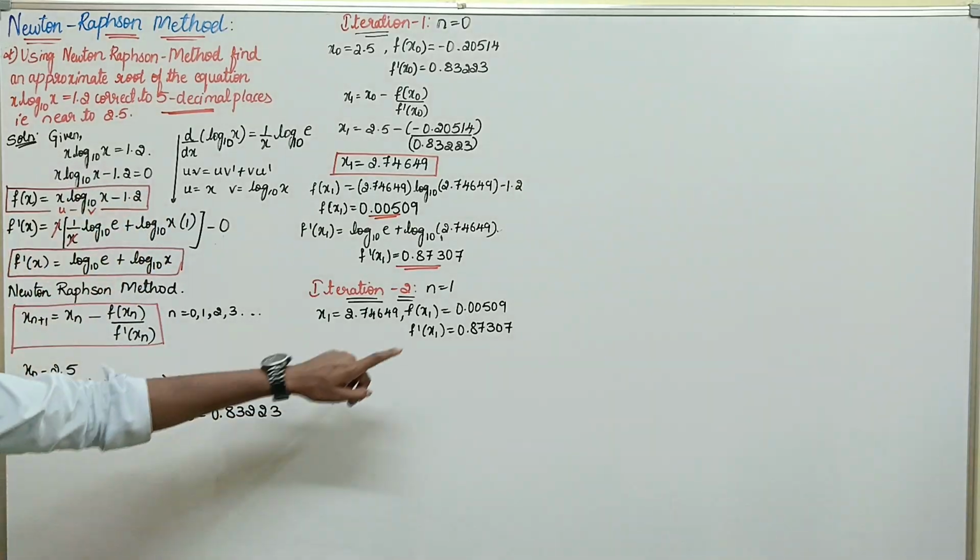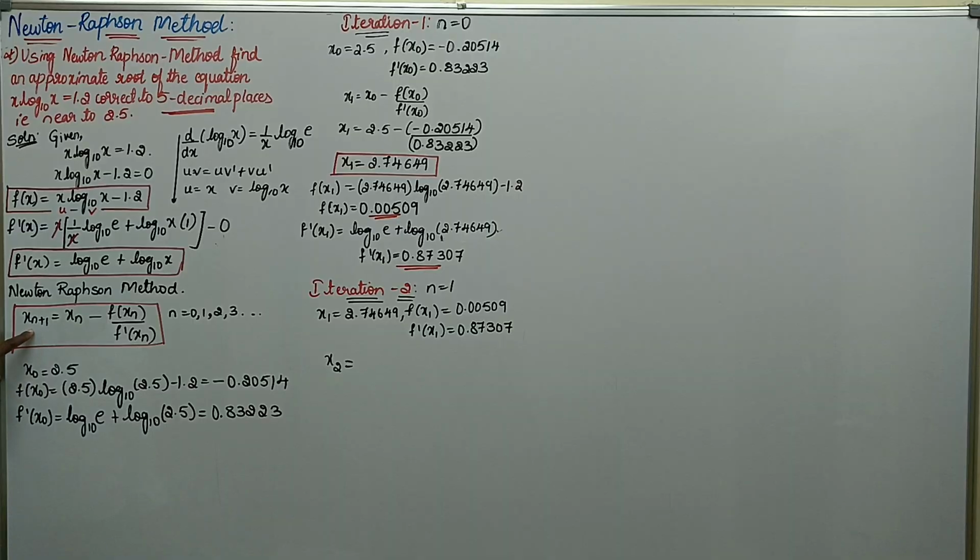When you put n equal to 1 in the Newton-Raphson method, 1 plus 1 is 2.